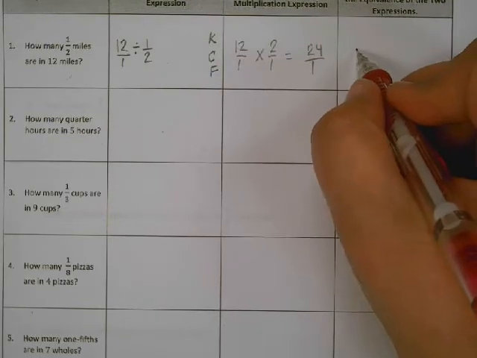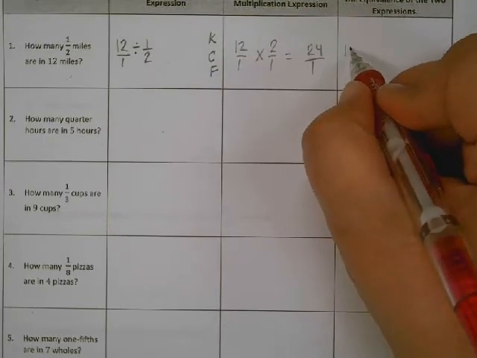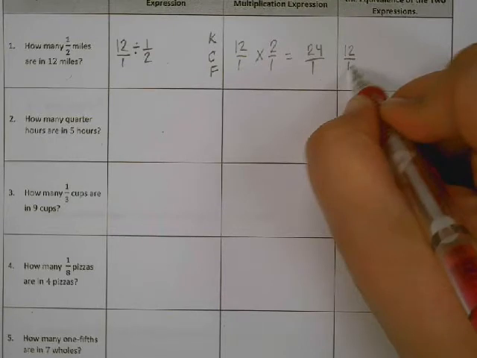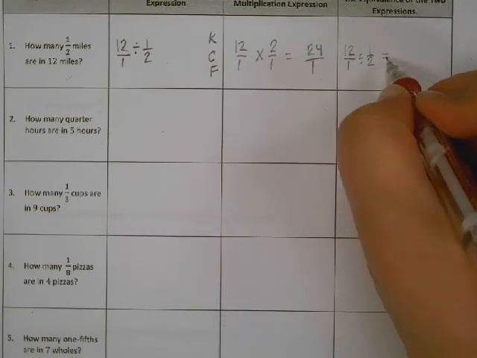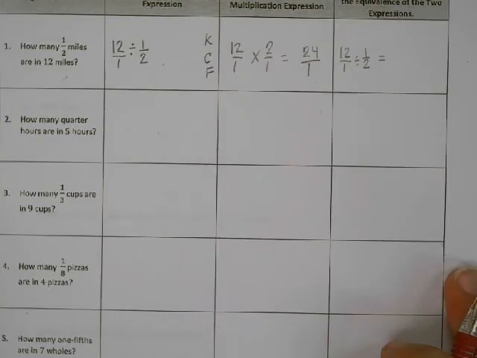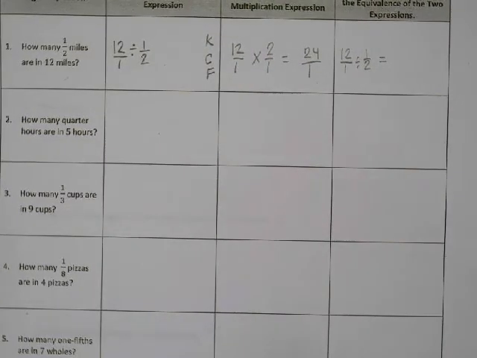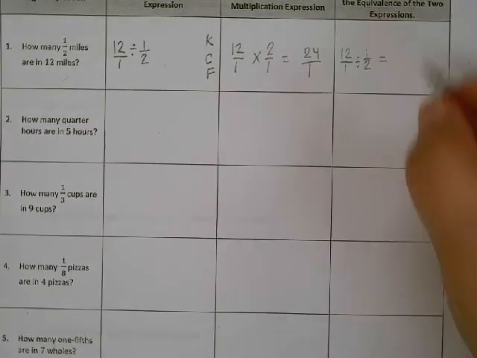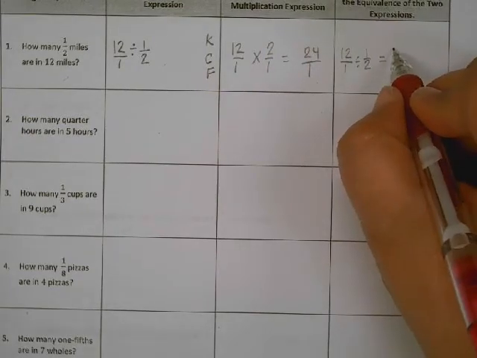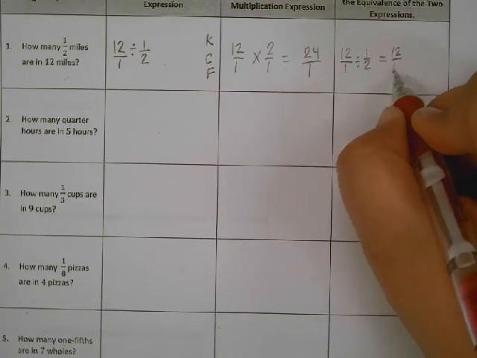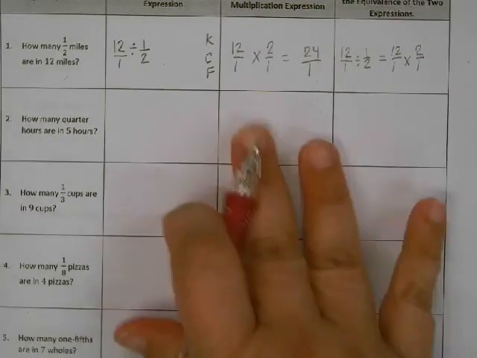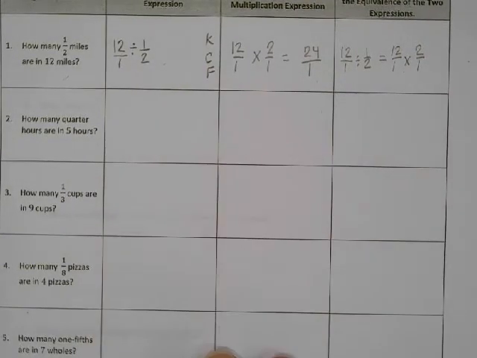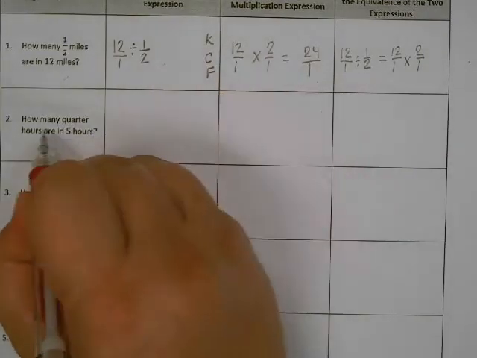So I'm actually going to just write the first one, which was 12 over 1 divided by 1/2. I put in my equal sign because if you remember back at the beginning of the year, I told you that that equal sign just means the same as. So that is the same as saying 12 over 1 times 2 over 1. And we're going to continue that through these next steps.